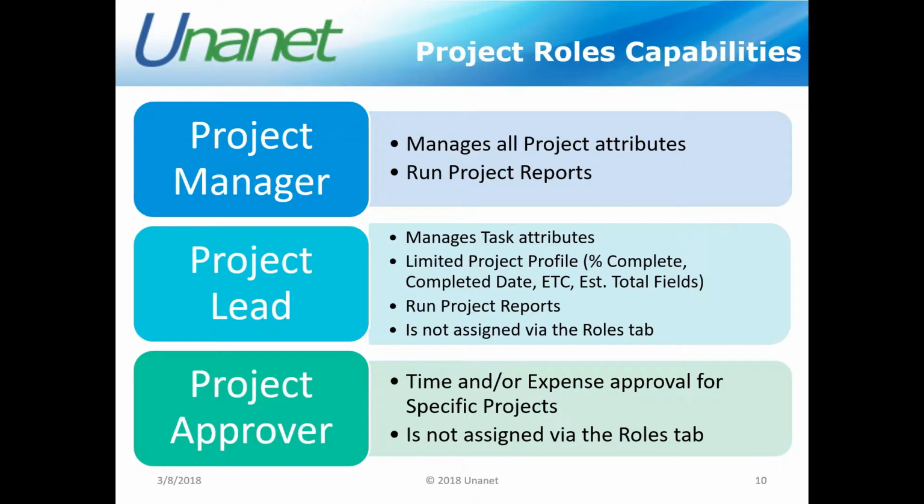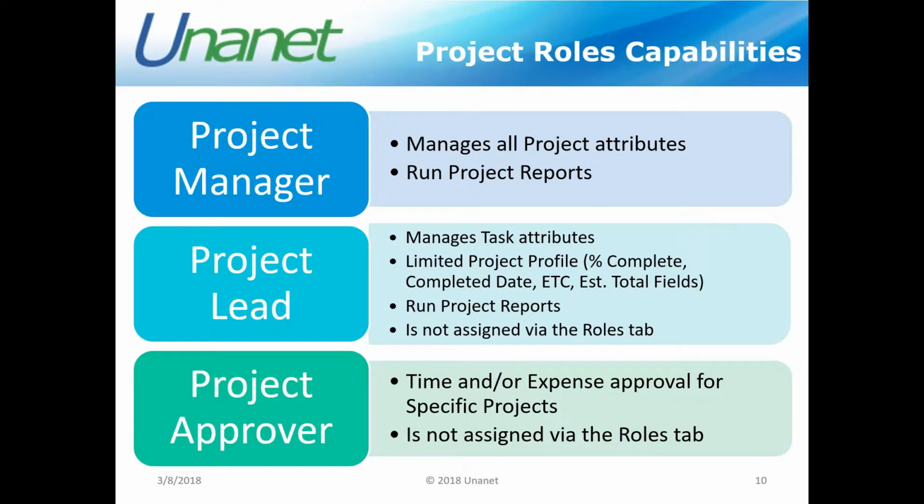The project lead role is one that doesn't have as much access to getting to things within the projects, but they can view the projects. They can manage things at the task attribute level. So they can add tasks, they could enter task information and set up everything at a task level.